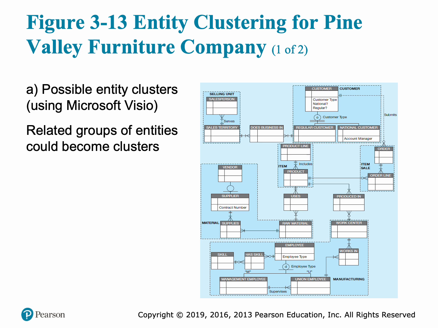The material, whether it's wood, titanium, or something else, iron. And then we see employee has a skill level, management employee, union employee. Manufacturing has been done in the Pine Valley Furniture Company, or they are purchasing that, as I just discussed earlier.